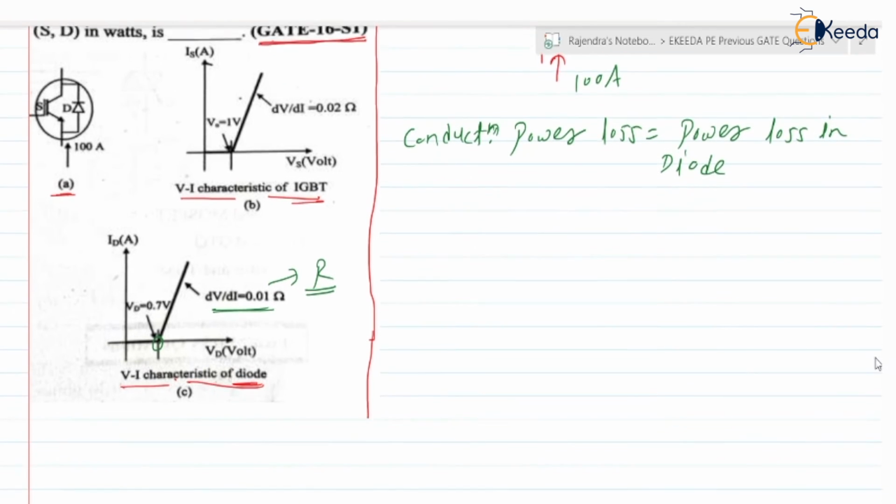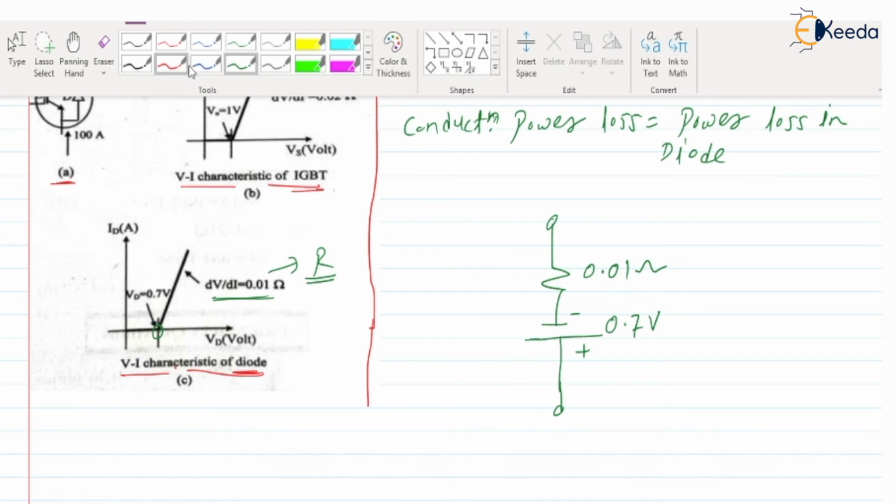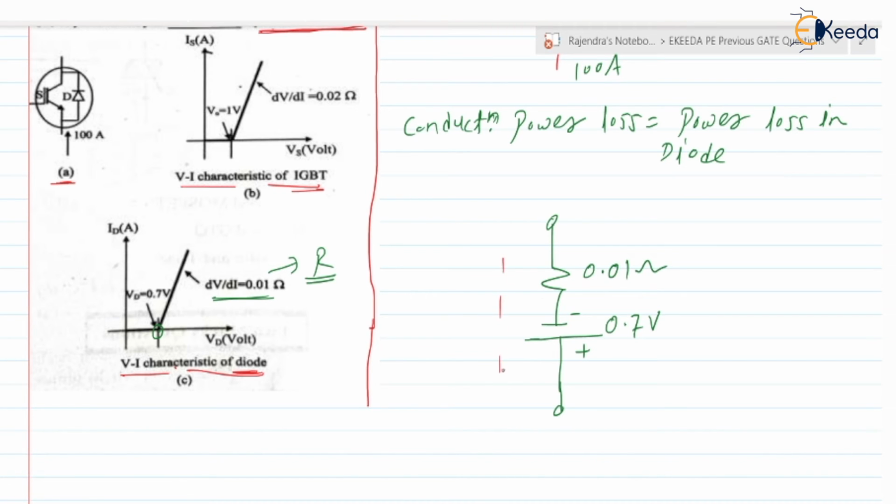So we can represent this diode as a combination of a voltage source equal to 0.7 volt, the on state voltage drop of the diode, and the resistance of the diode, which is equal to 0.01 ohm. This combination is the equivalent circuit of a diode.